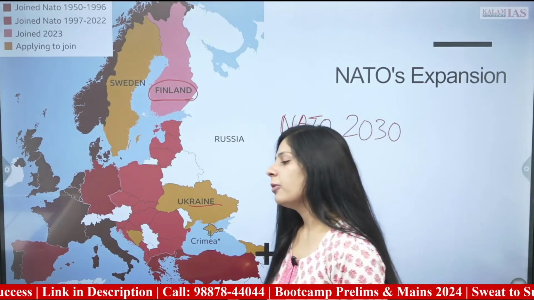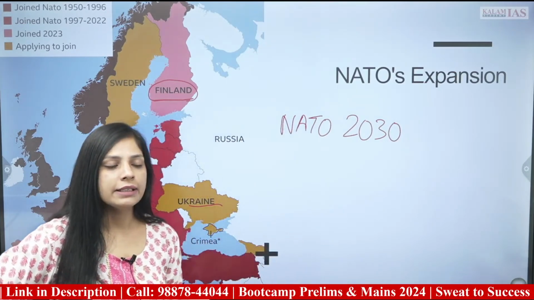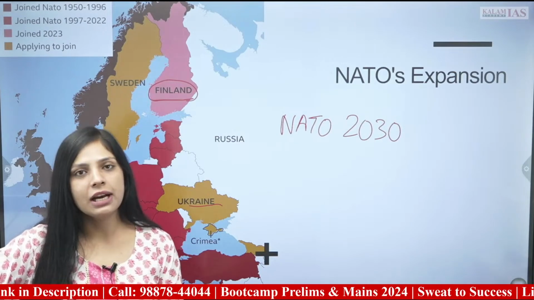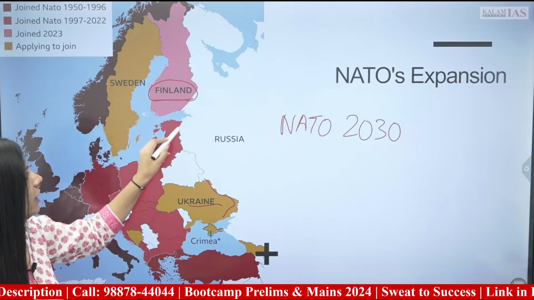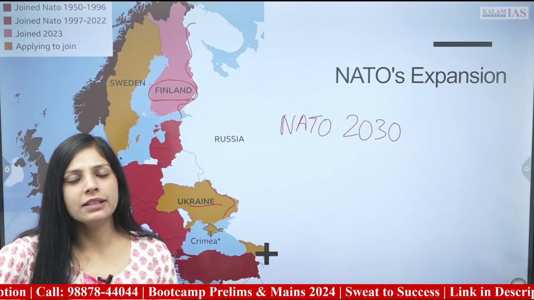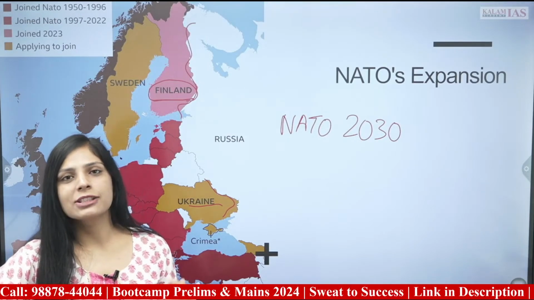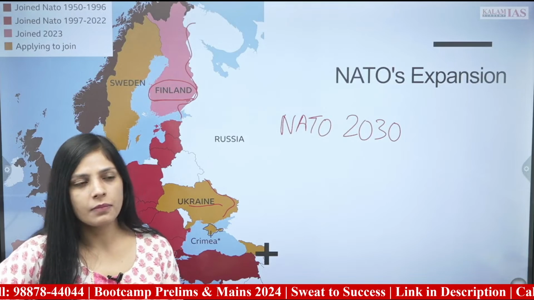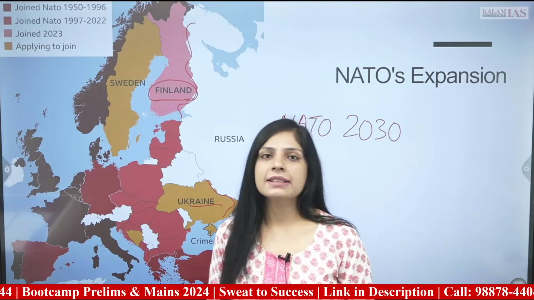It was formed initially to counter the Soviet Union, and it is currently seen as against Russia, but we see that the countries which share a direct boundary with Russia are increasingly joining it, right. NATO's outreach to the eastern parts has created problems for Russia. China is also worried about its eastward expansion, as it would affect China's increasing influence, right.